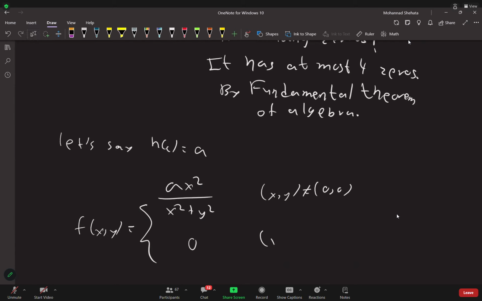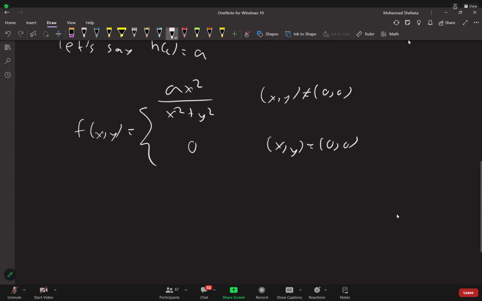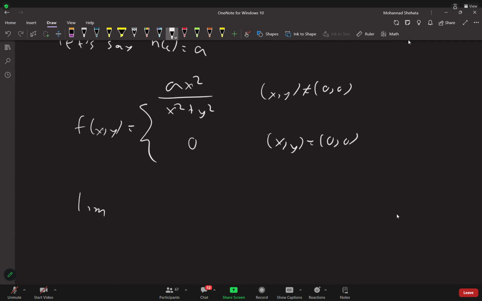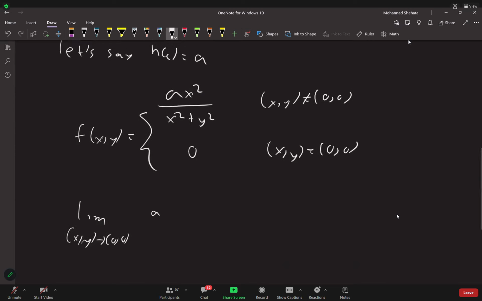It's the same definition, and 0 when (x, y) is equal to (0, 0). For it to be continuous, the limit as (x, y) approaches (0, 0) of ax squared over x squared plus y squared has to be 0 for f to be continuous.